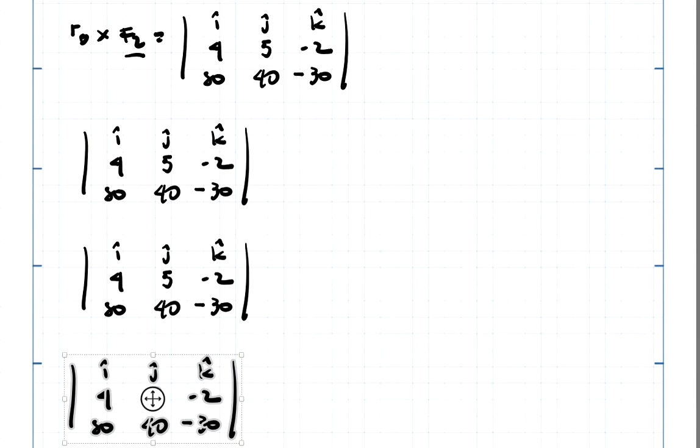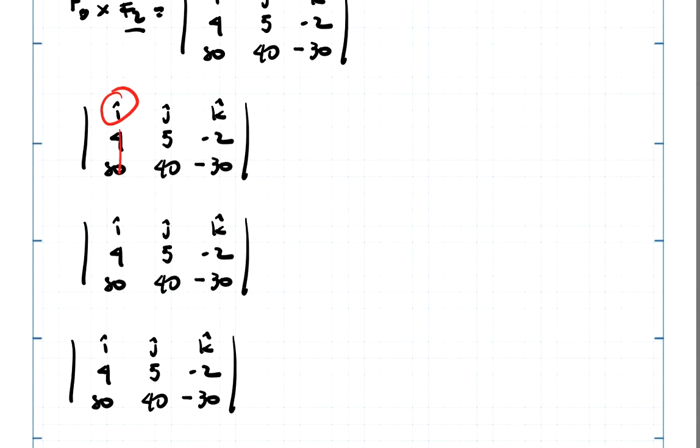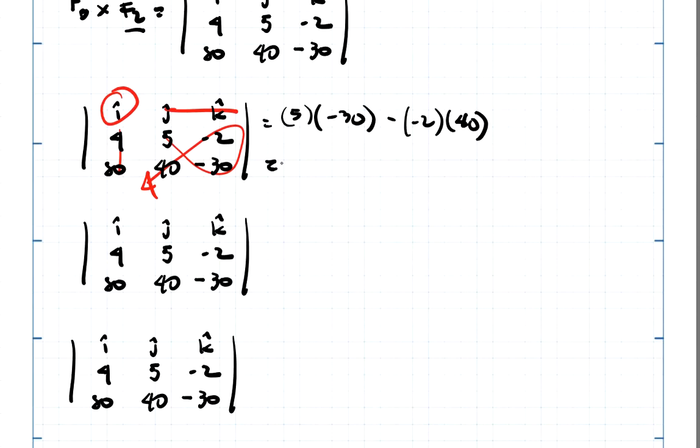So for I, we need to cover this part and do this pattern. We have 5 multiplied by negative 30 minus negative 2 multiplied by 40. So our I here, I think, is equal to negative 70. Okay, so this is the value of our I.